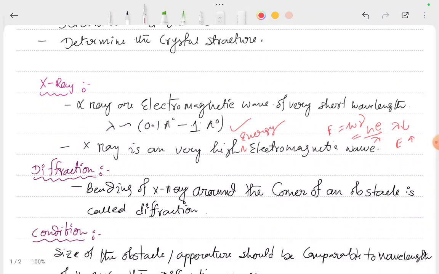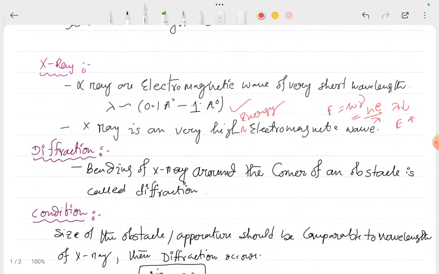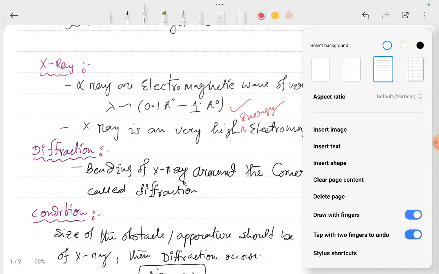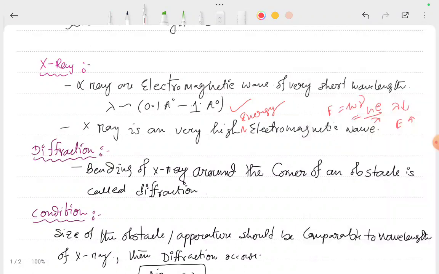Next, we are going to discuss diffraction. X-ray diffraction. Everyone knows the meaning of diffraction. Diffraction means bending of X-ray around the corner of an obstacle. It means if we take an obstacle here, and this is an electromagnetic wave, and it hits this corner, then this wave bends.